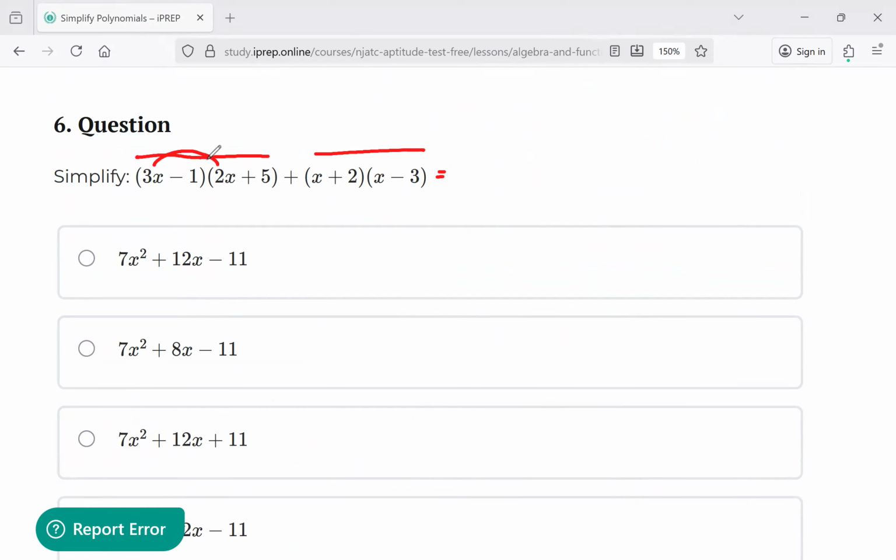So let's start with 3x times 2x. That is 6x squared. 3x times 5 is 15x. Negative 1 times 2x is negative 2x. Negative 1 times 5 is negative 5.